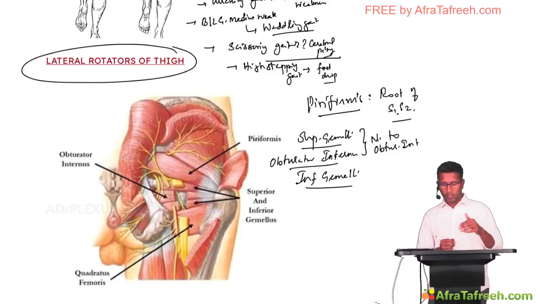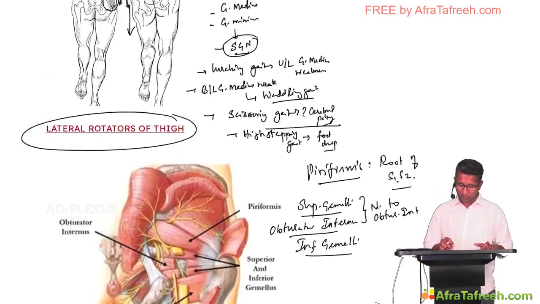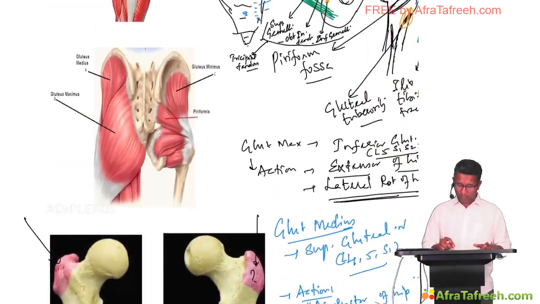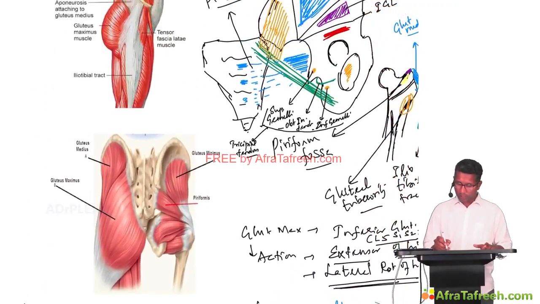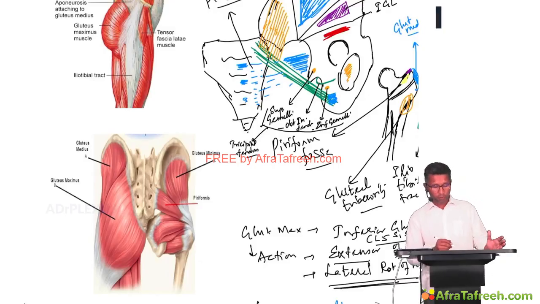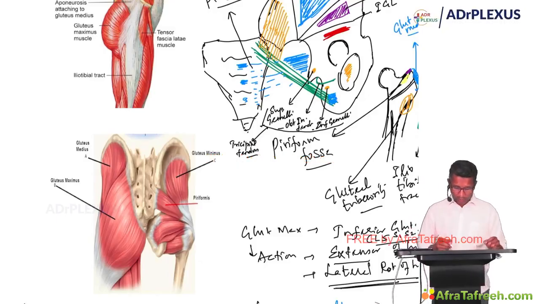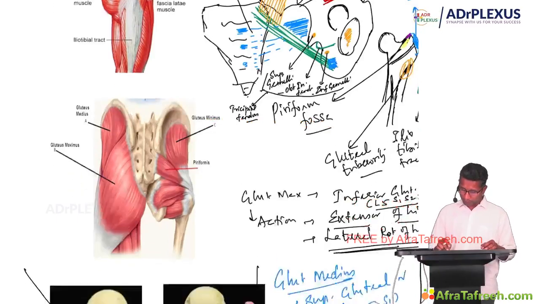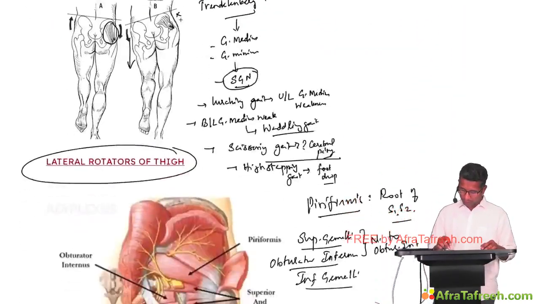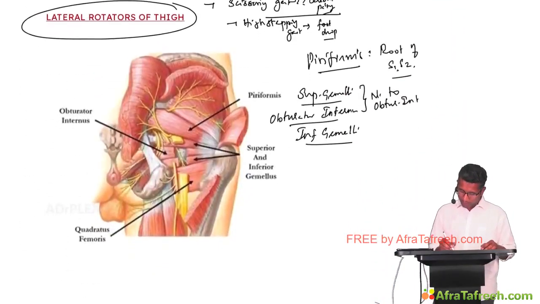Just below the inferior gemellus, there is another muscle which takes origin from the lateral aspect of the body of the ischium. That muscle is called the quadratus femoris muscle.